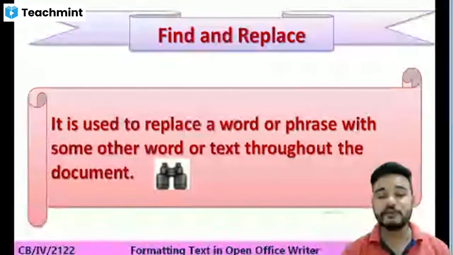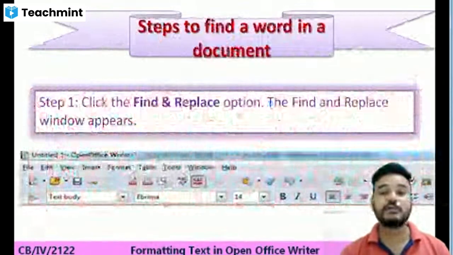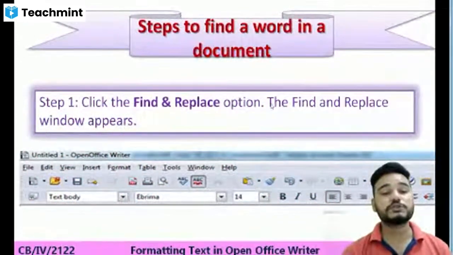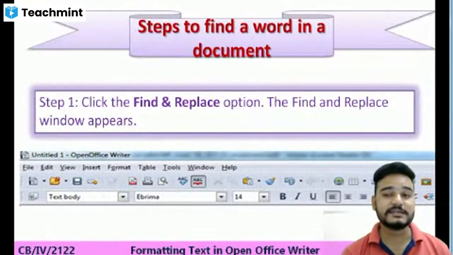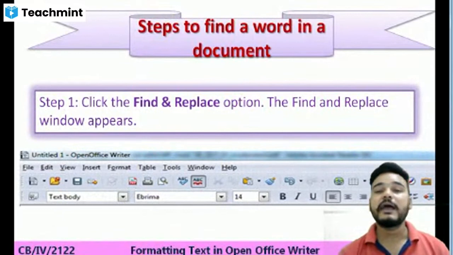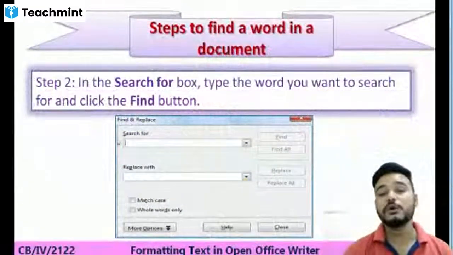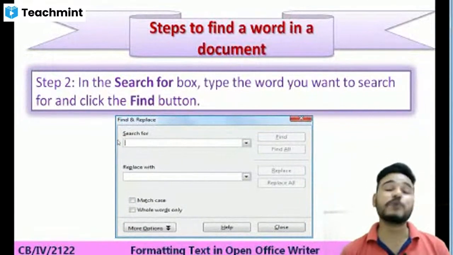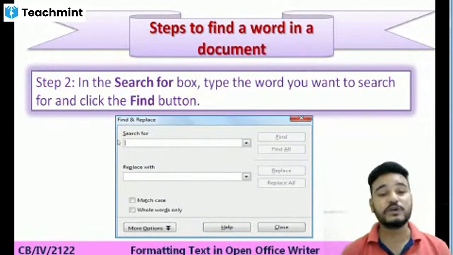And what we did for that: we typed one paragraph, and then from the toolbar we selected the binocular option, and from that option we searched for the particular word. That word we entered in the search box.